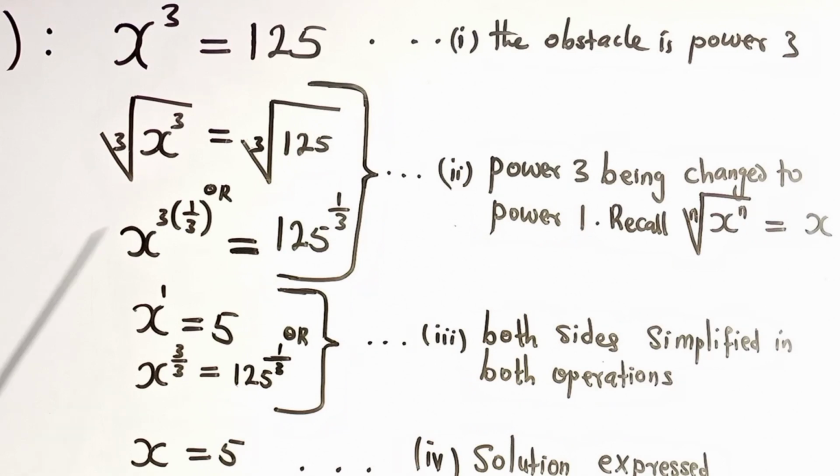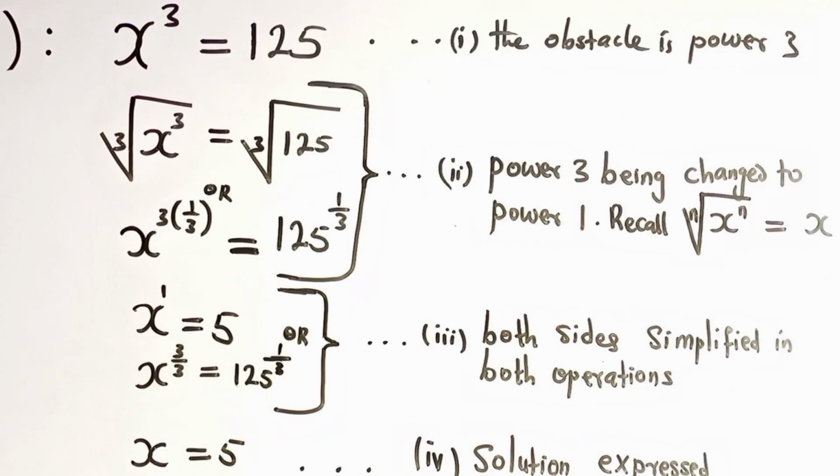Right now, in the earlier example I gave, the time I gave x raised to the power half, I was able to convert 1 over 2 to 0.5. That 0.5 is the exact value of 1 over 2, but it is not advisable to convert this 1 over 3 to 0.3, because it is going to be 0.3333. So whatever you get out of it is going to be approximated, and that is not what we are looking for.